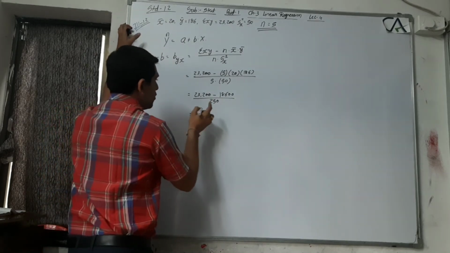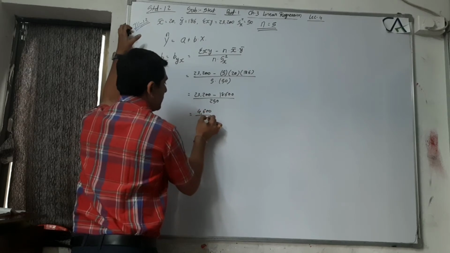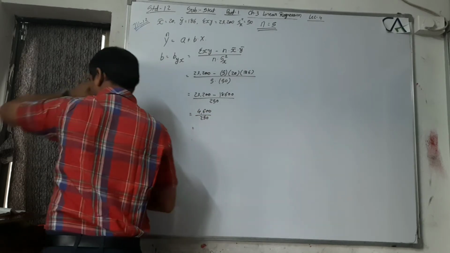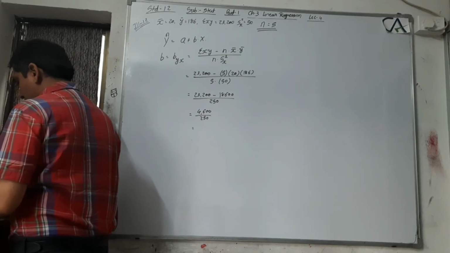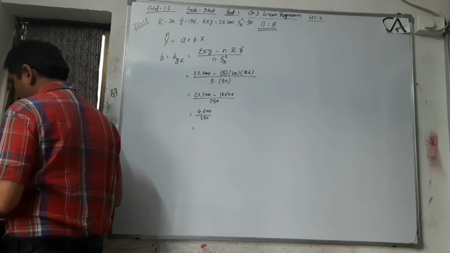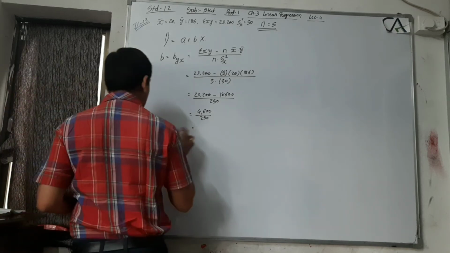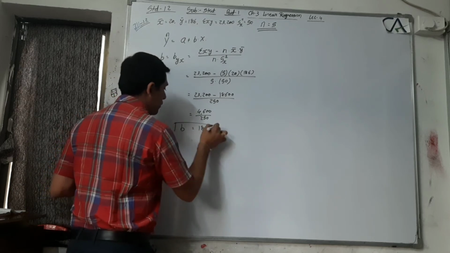So 4,600 divided by 250. What is the answer? 4,600 divided by 250, that is 18.4. Your b is equal to 18.4.